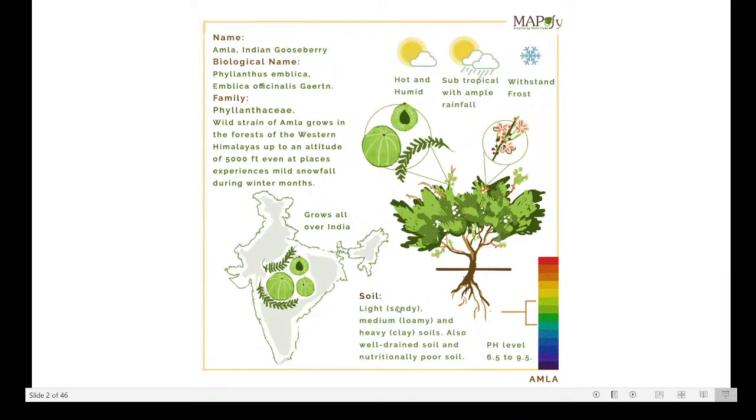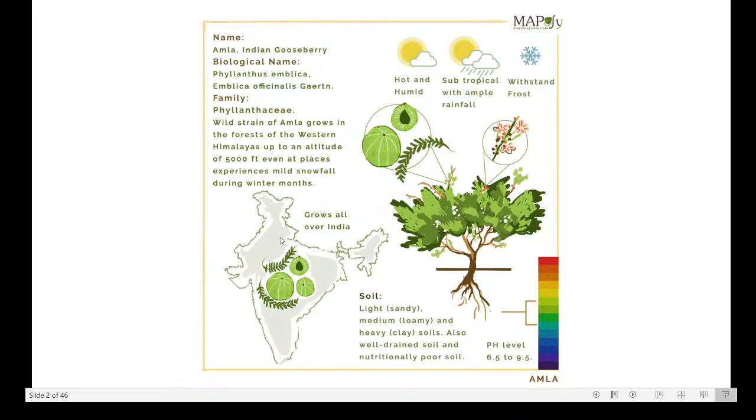It should be sandy, and heavy clay soil is also fine, and it can be grown all over India in the central part. You can understand that the ash color indicates it can be grown in that particular area.